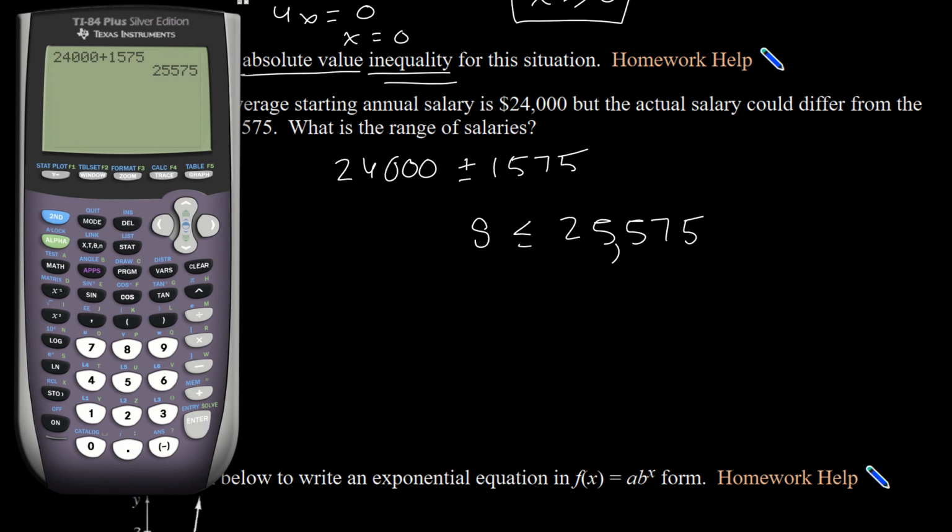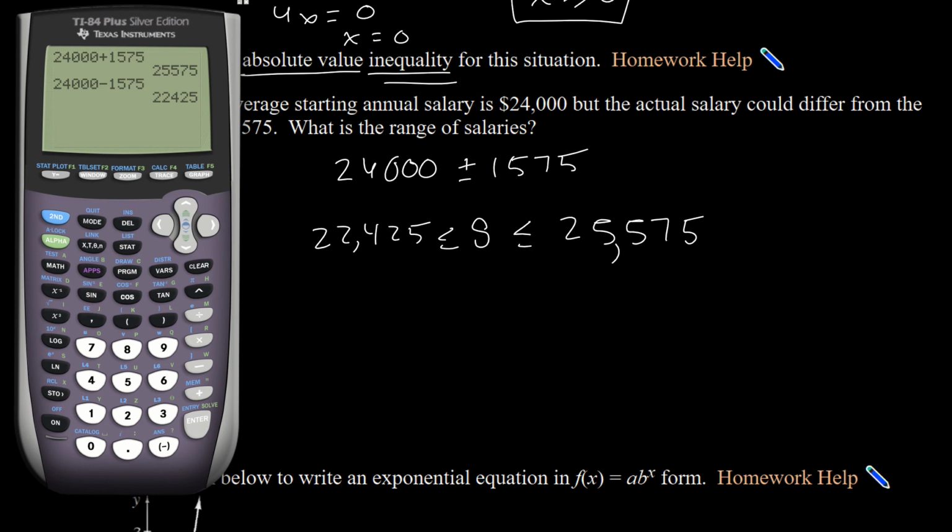And then if I look at the subtraction problem where I take that away instead of adding it, it could be as low as $22,425. So what we have here is the lower bound and the upper bound.